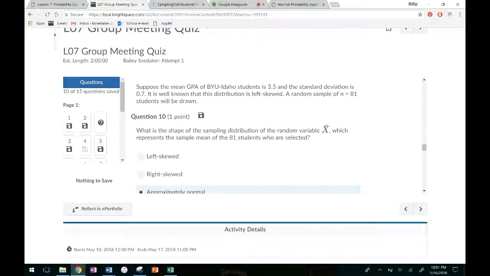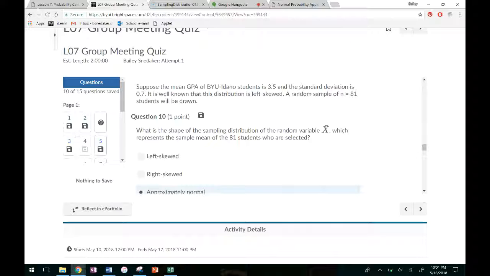No. So to get the sample standard deviation, we have to take the population standard deviation, which is 0.7, and then divide that by the square root of 81. Okay, that makes sense. Thank you. Divided by 9.